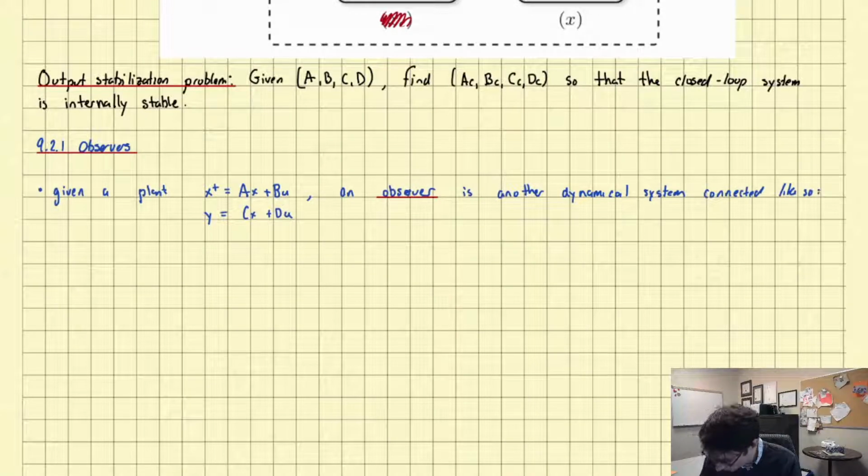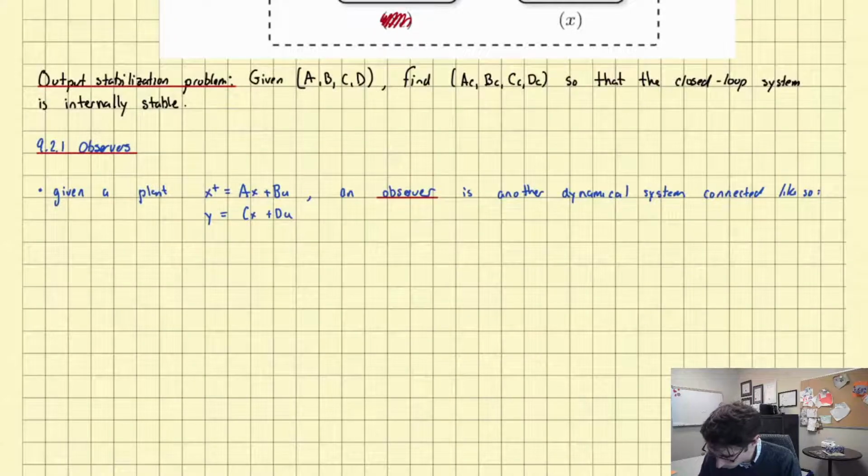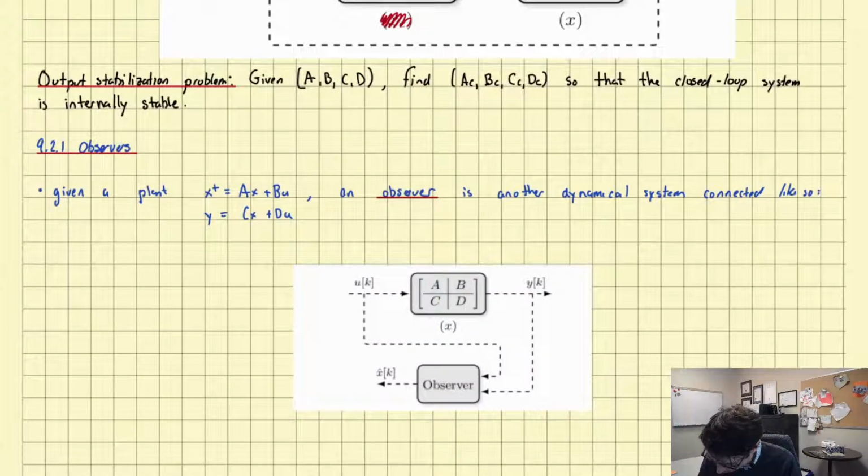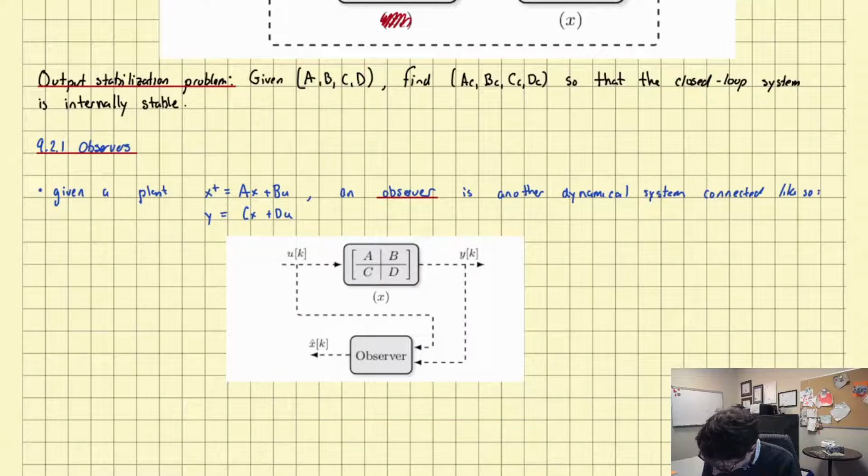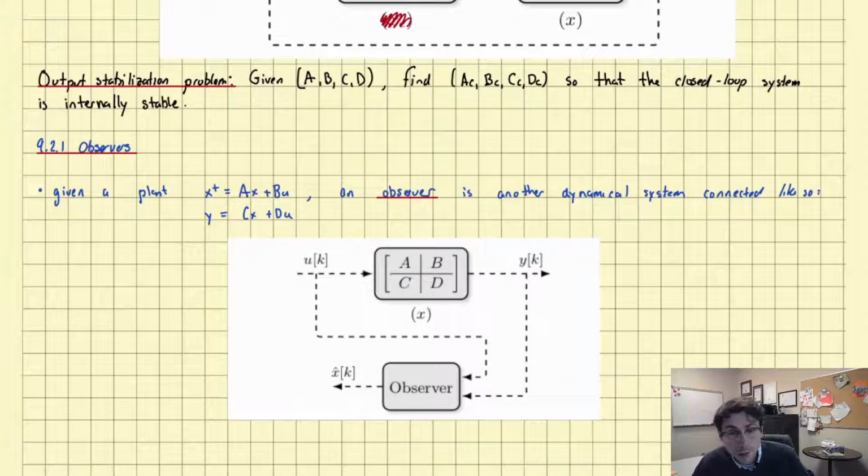Like so. Okay, and then I'm going to just pull a figure from the notes. And then we'll talk about the connection. Okay, so there's our plant up here.